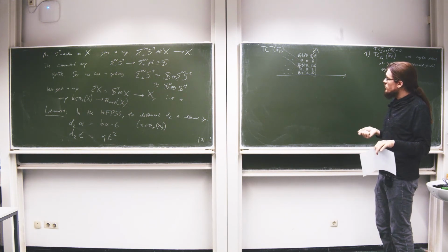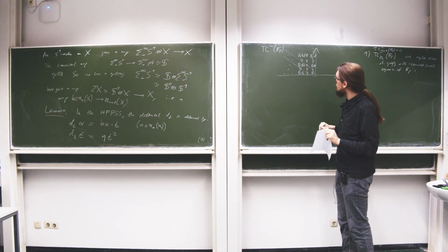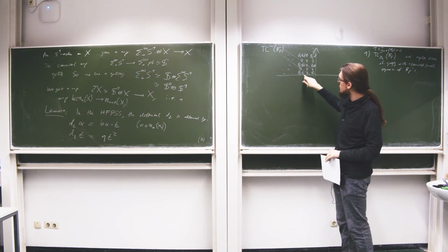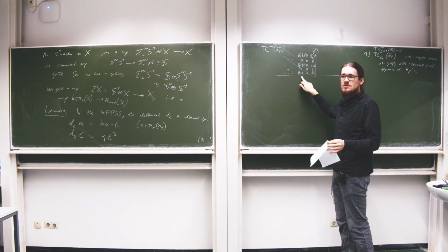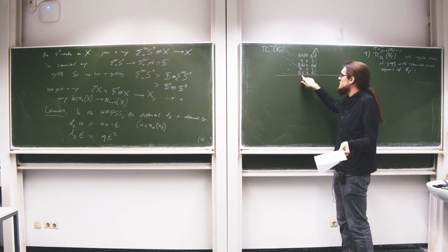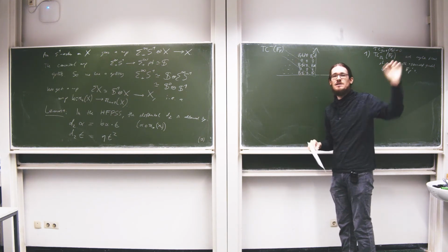So to proceed further, let's name some elements. What we know already is there's this T here, and it definitely lives in the associated graded, so we can definitely lift it to an element.